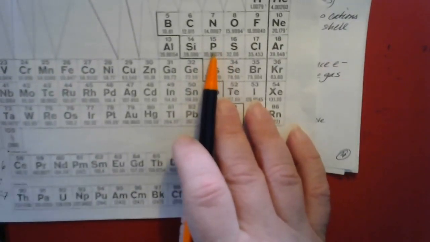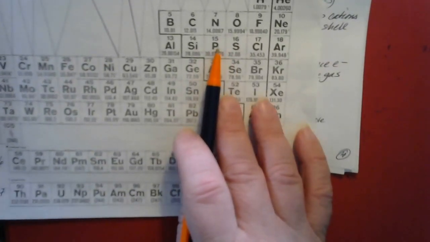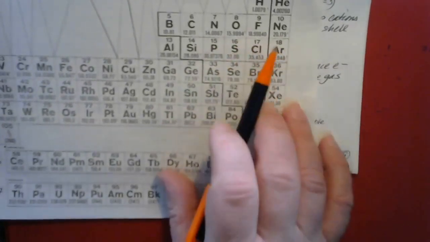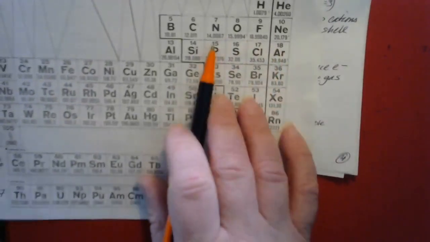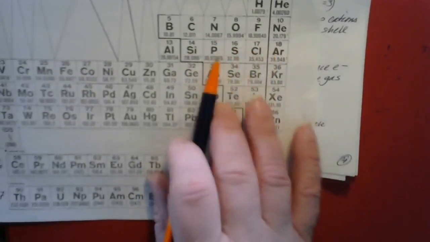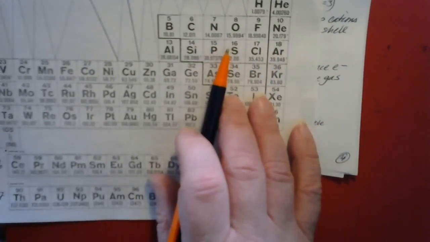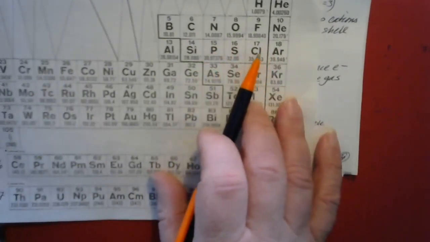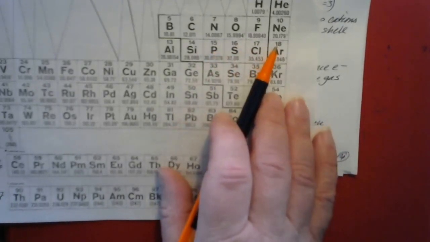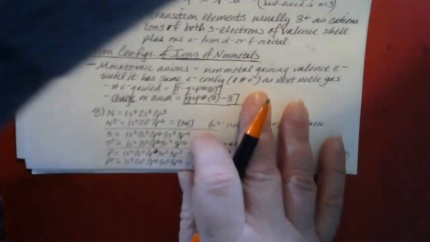So for, say, phosphorus, the number of electrons gained by phosphorus would be 1, 2, 3, because that's how many spaces you have to move to get to the next noble gas. So phosphorus is going to form a -3 ion because its electrons have negative charges. So if you gain 3 electrons, that's -3 in terms of charge. And it will have 18 electrons just like argon does.